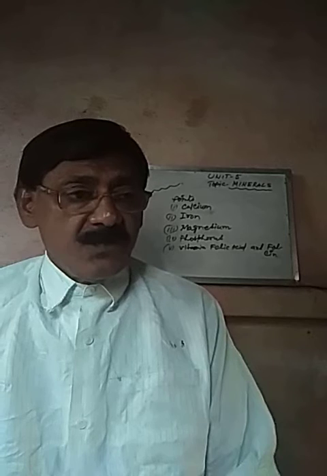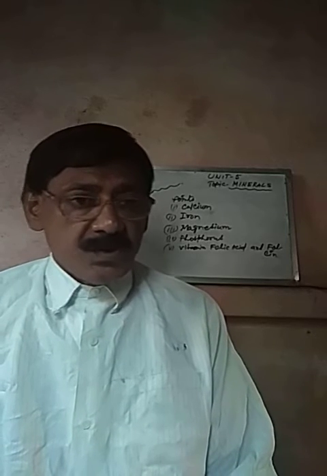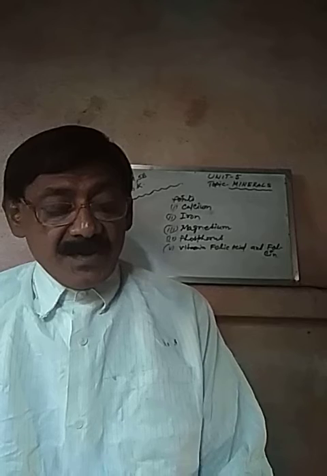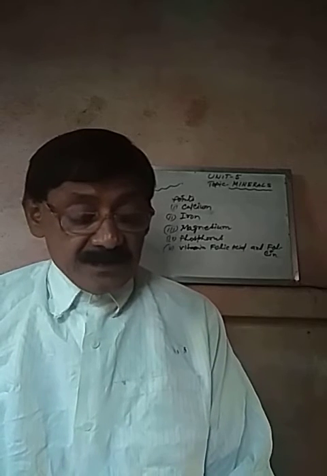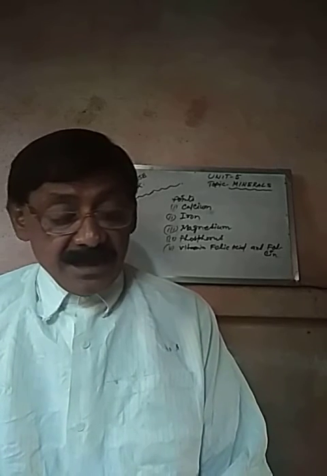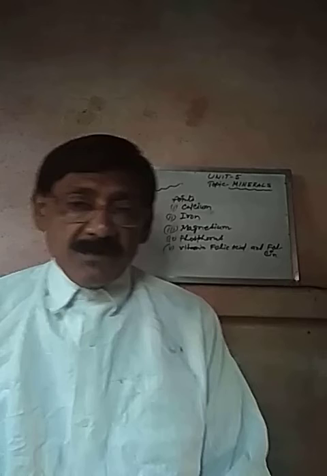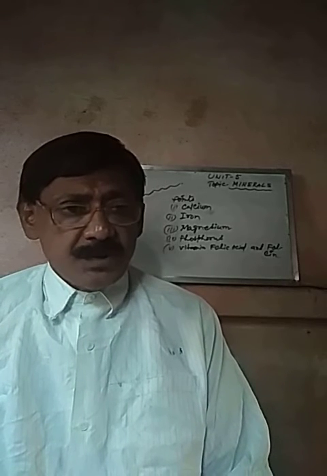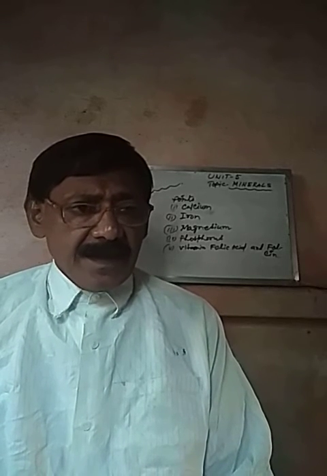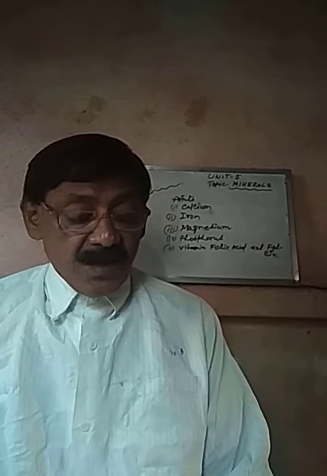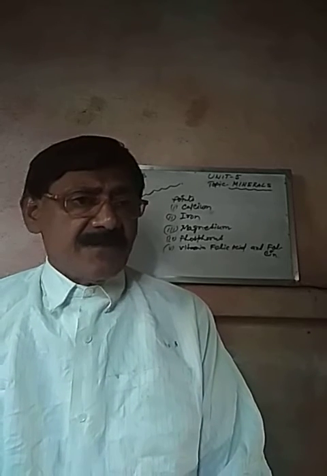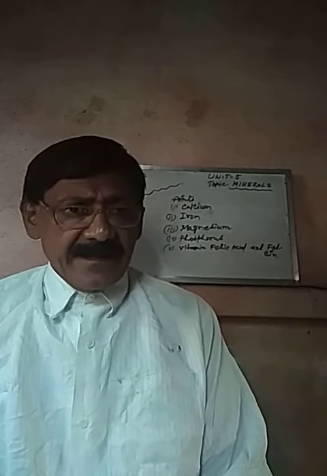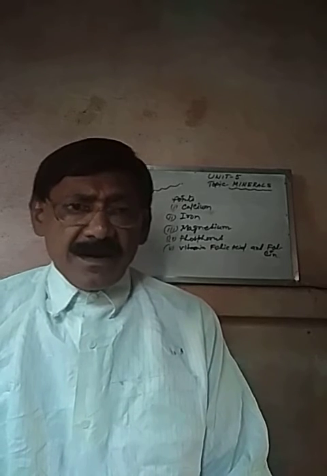So these are the sources of food from where we can have calcium. These are the minerals we have to study, and their usefulness. We have to learn the sources of the foods from where we can have minerals. There are different foods and food items from where we can get minerals. So these are the things you have to learn.